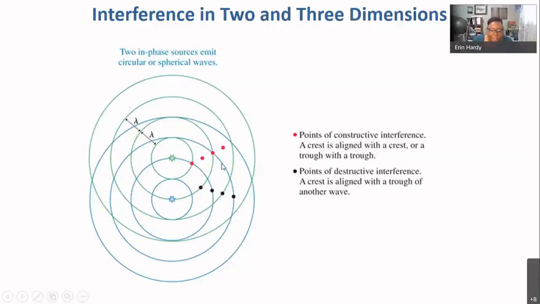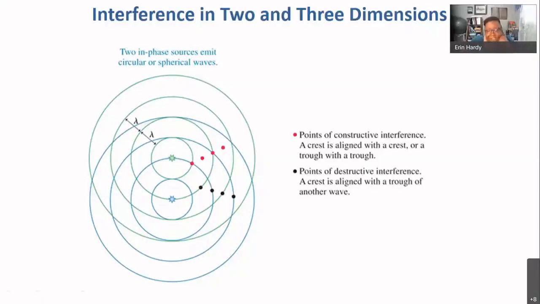And if we look at where these circular wave fronts interact or where they overlap with one another, anytime a green wave front intersects with a blue one, we know that we're looking at a peak that's matched up with another peak. If we see a point where the midpoints between adjacent green wave fronts match up with the midpoint between adjacent blue wave fronts, then what you have in that case is a trough and a trough that line up.